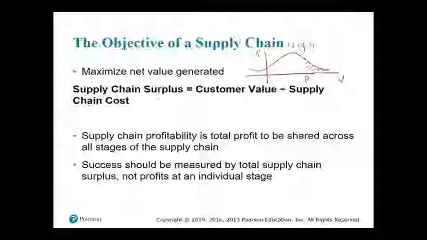And so the supply chain surplus is the customer value minus what I sell the product for, so product price minus the supply chain cost. For example, if I'm Best Buy, I'm selling an internet router, and I'm selling it for $60.